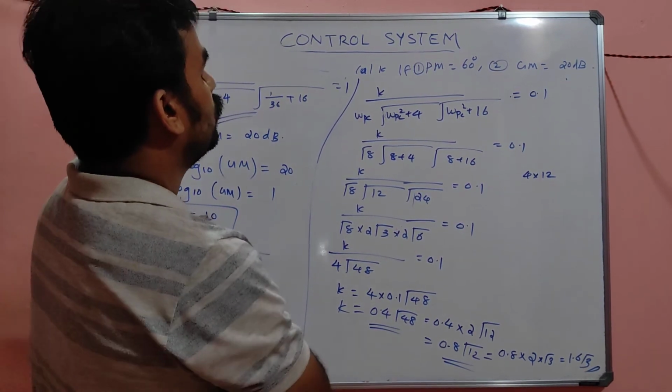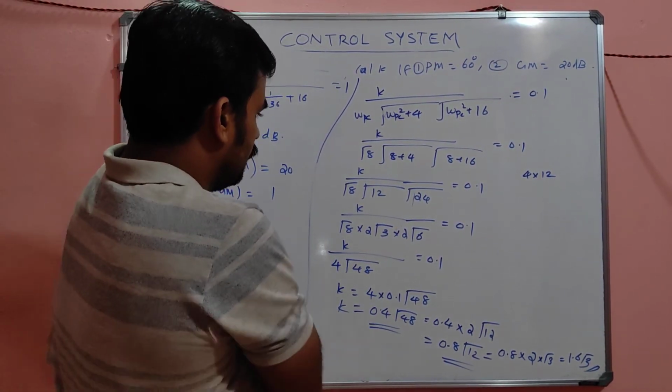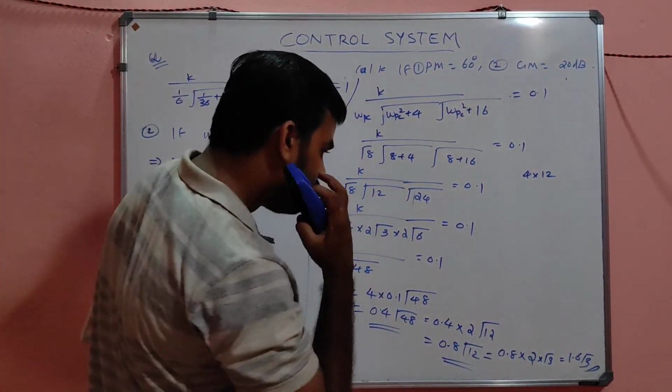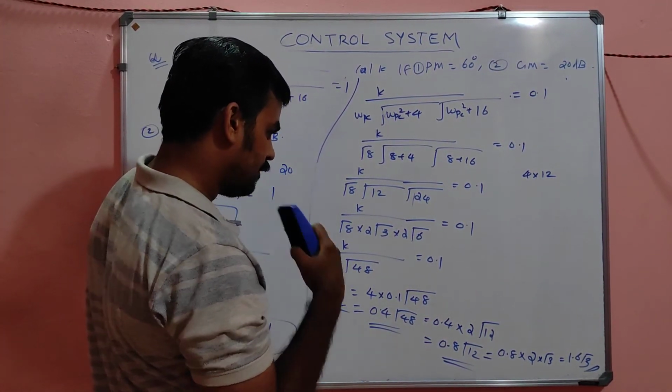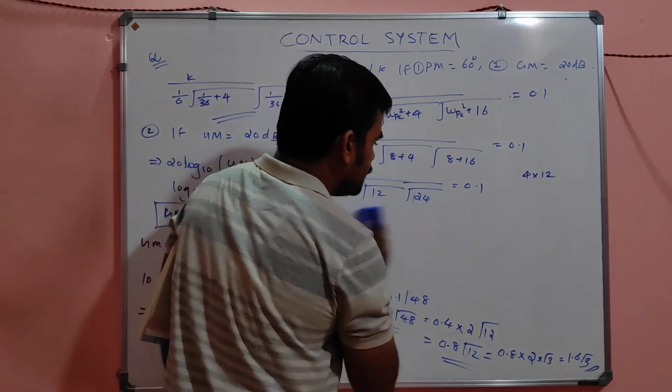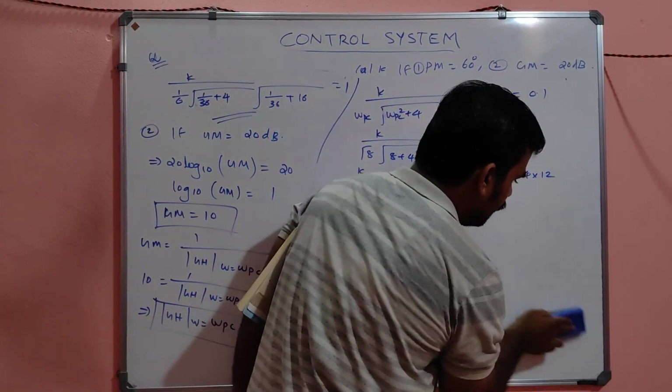Root 2, root 2, root 8. I will do another simple method again. Okay, just a minute. Again a simplified version I will take.